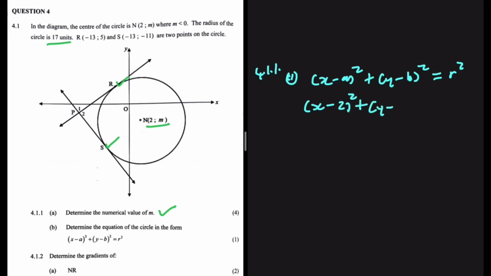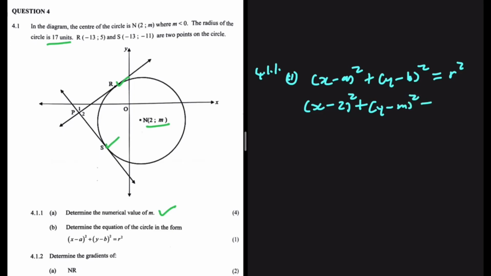So we can go ahead and try setting up an equation for our circle in the form x minus a squared plus y minus b squared equals r squared. So we're going to have x minus the x value of our center, which is 2. So we have x minus 2 squared plus y minus the y value at the center of our circle, that is m.